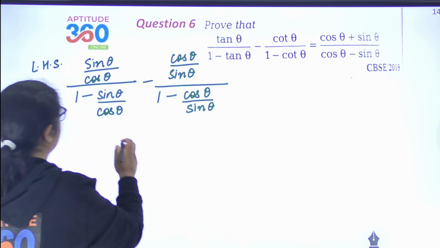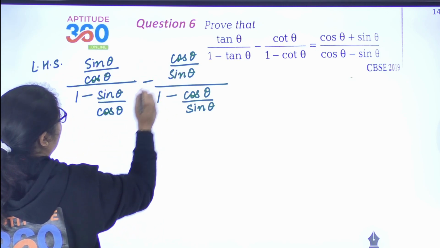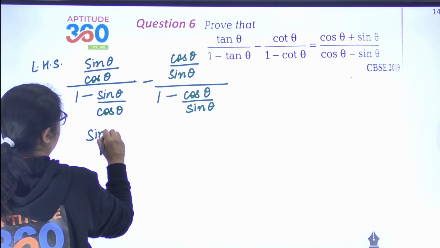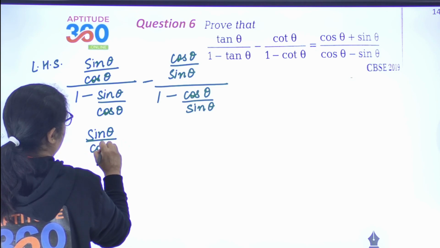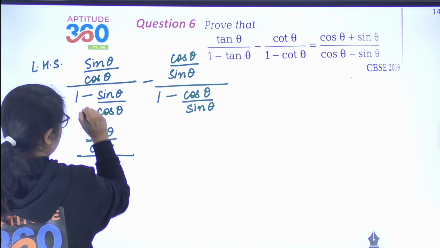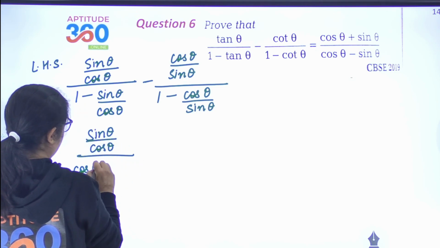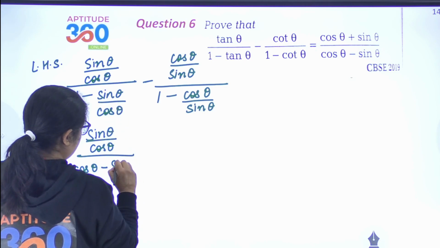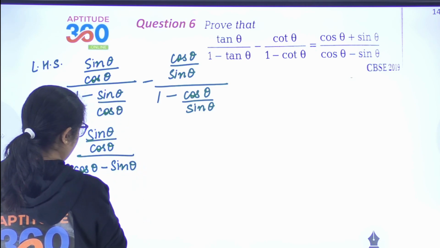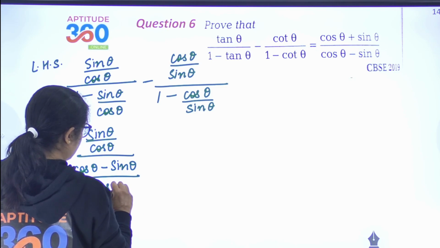Right? Now you just have to solve the fractions. Sin theta upon cos theta, this becomes cos theta minus sin theta upon cos theta.